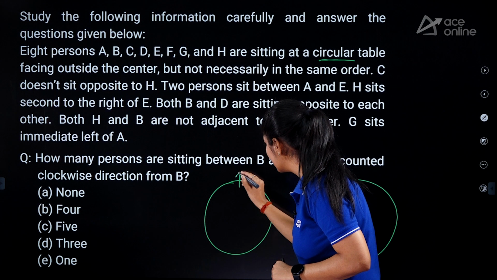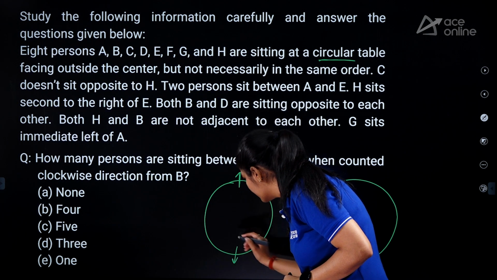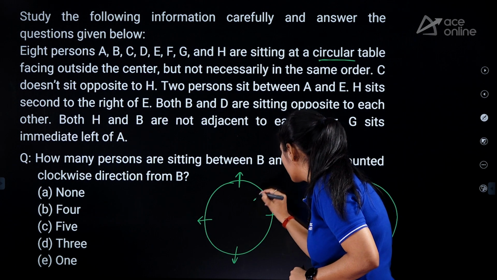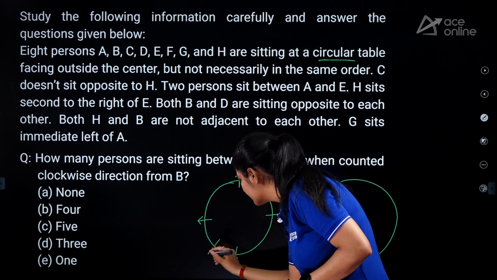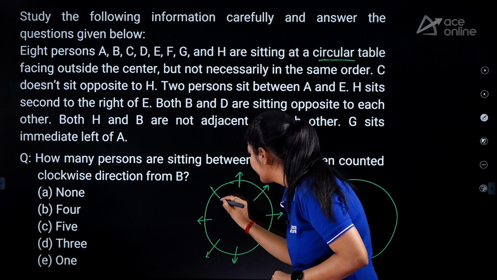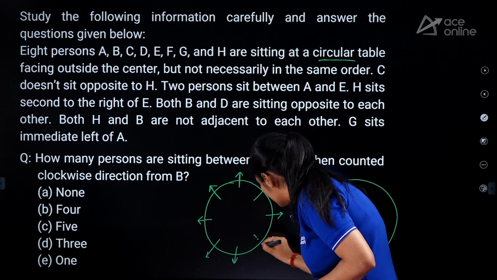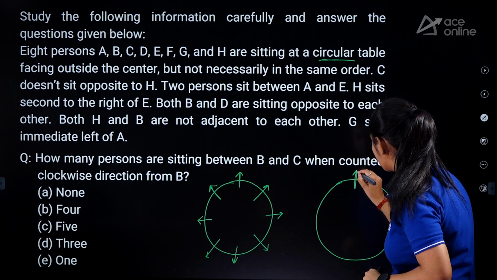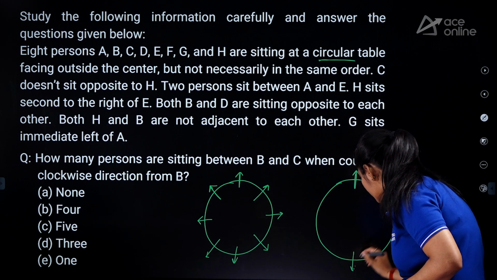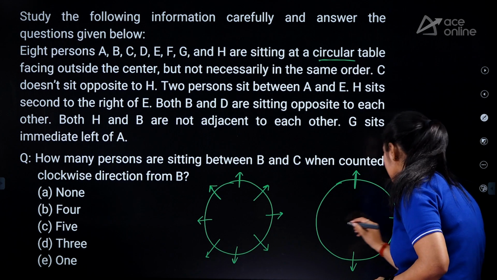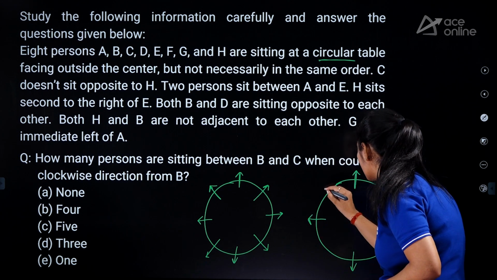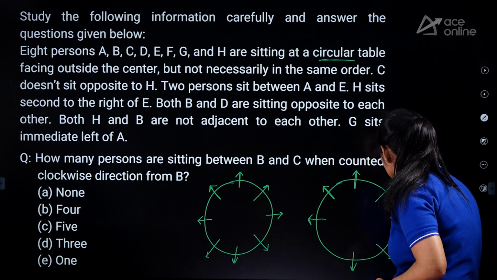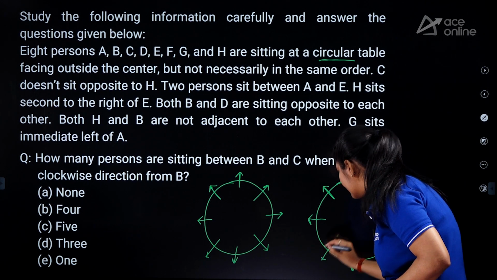So I am just making the 8 persons: 1, 2, 3, 4, 5, 6, 7, 8, right? This is my case number 1. This is my case number 2: 1, 2, 3, 4, 5, 6, 7 and 8, right?